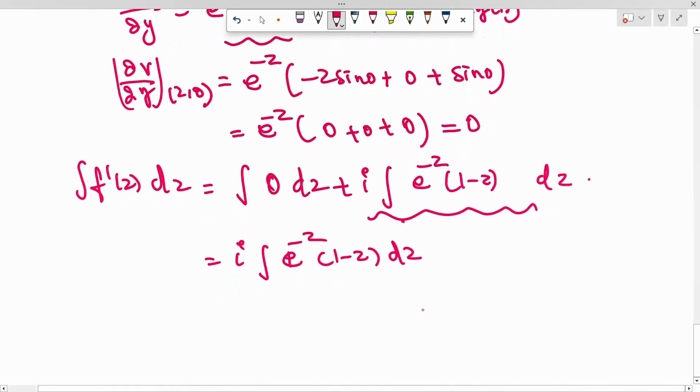Now we are going to integrate with respect to z, but we can't integrate directly because there are two terms: e power minus z is one term and 1 minus z is the other term. We know Bernoulli's formula; using it, we can easily integrate this.